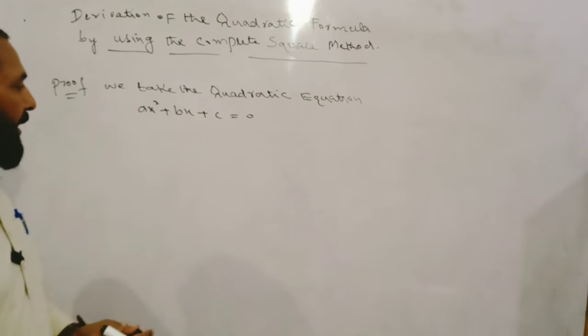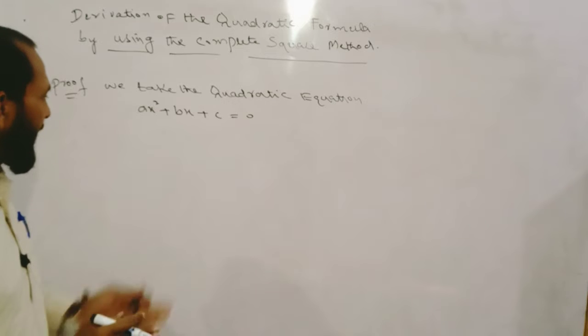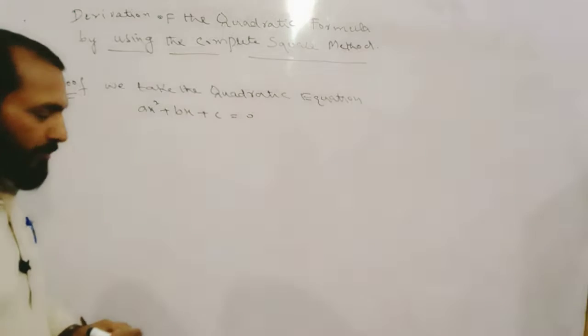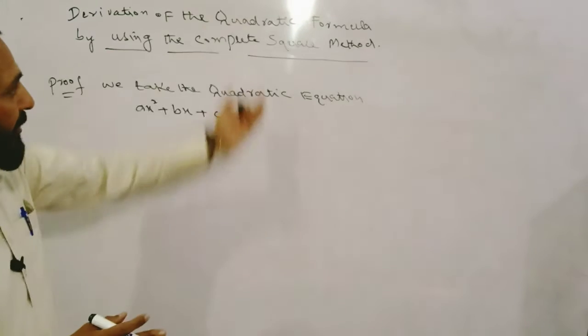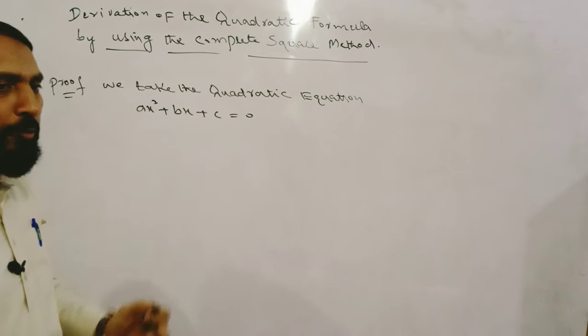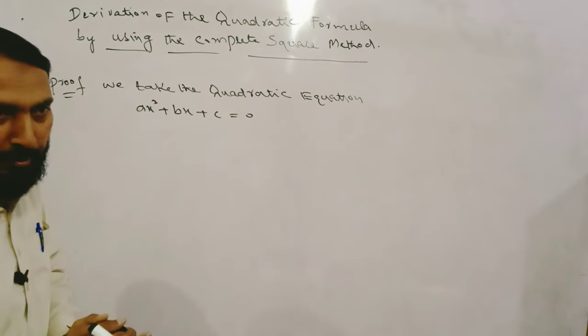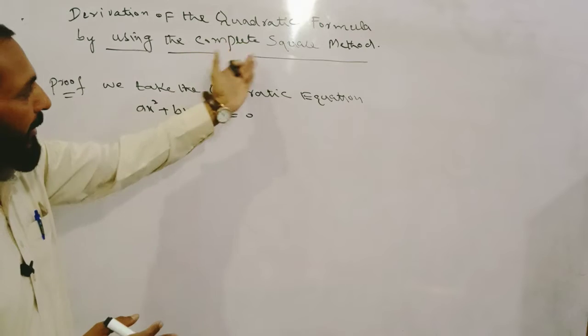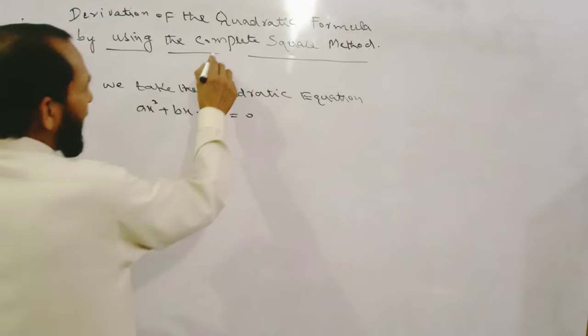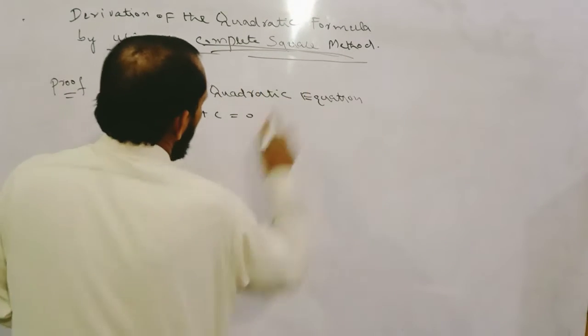Now ax square plus bx plus c is equal to 0. This is the quadratic equation. Now we convert it to the quadratic formula by using the complete square method.